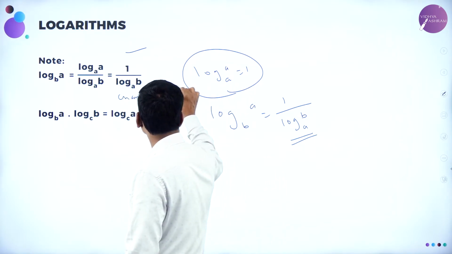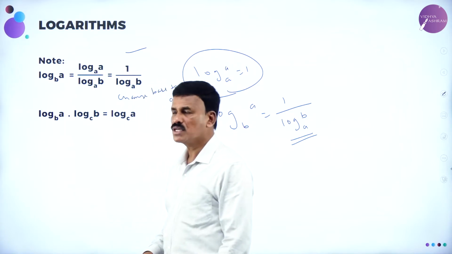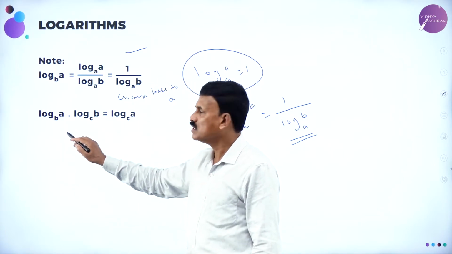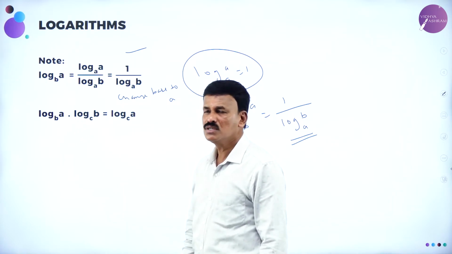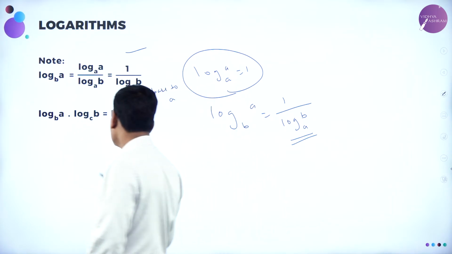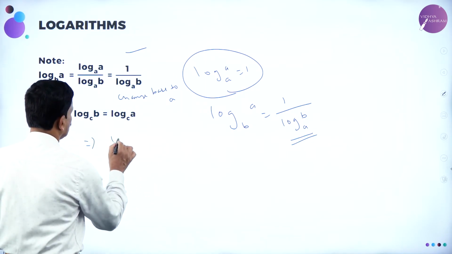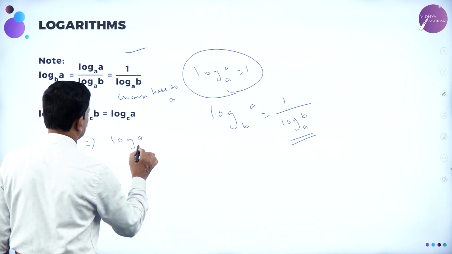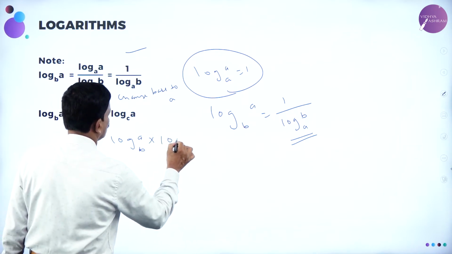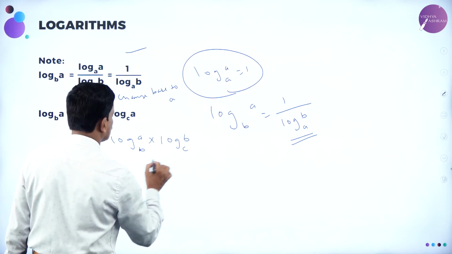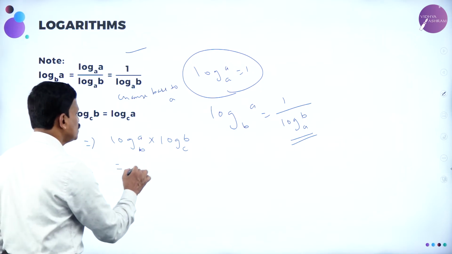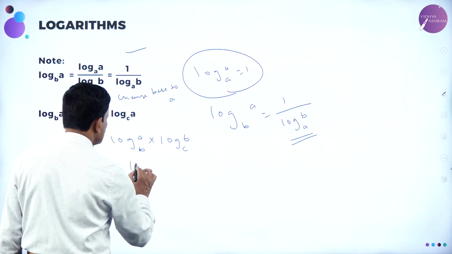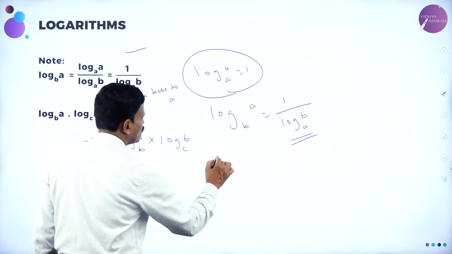Similarly, let us come to the second note. Log a to base b into log b to base c is also equal to log a to base c. See here, according to the base change rule, log a to base b into logarithm of b to base c can also be written by changing the base to c.